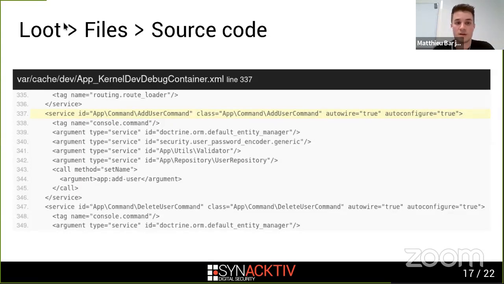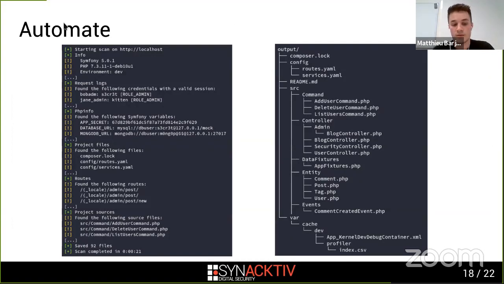So in the end, this is actually all that the tool EOS is doing. You start the tool, you scan your target, it will go through the request logs, extract all the credentials it finds, extract also the user roles, go to the PHP info and extract all the secrets from there.